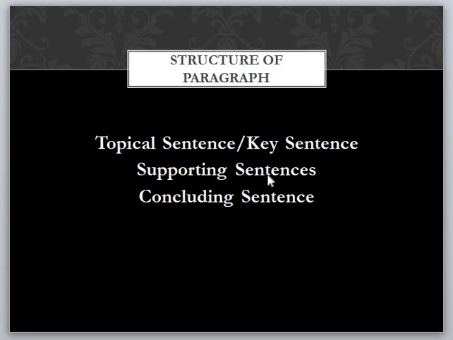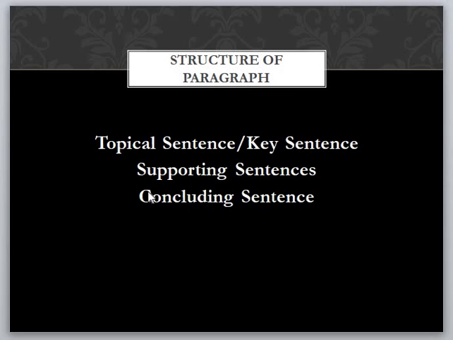After giving proper details, you will move towards the end, which includes the concluding sentence. It can be one sentence, or more than one sentence. It can be two sentences. So we can say the concluding sentence or sentences. This is the structure of writing a paragraph.